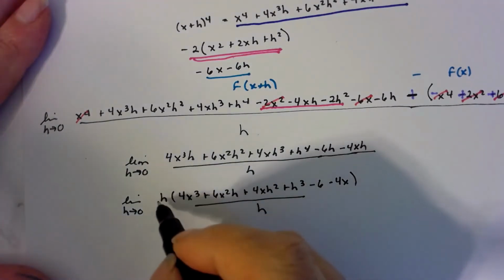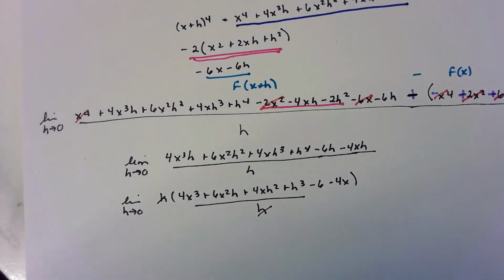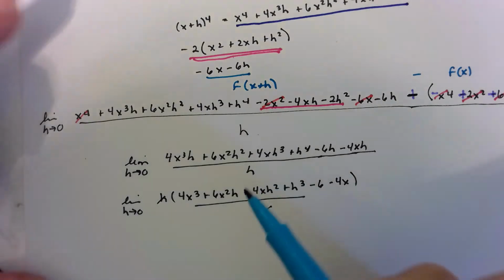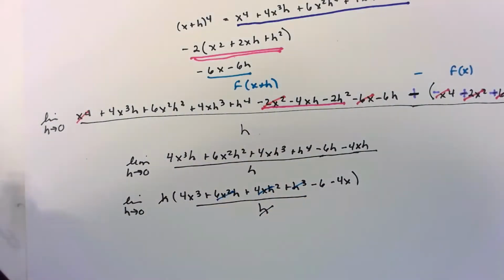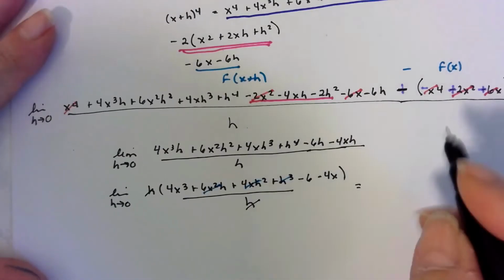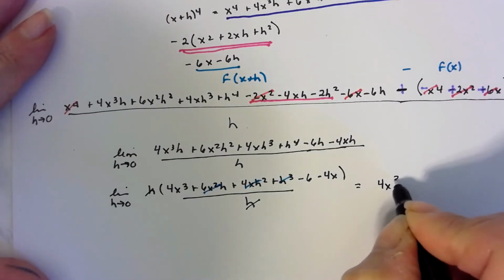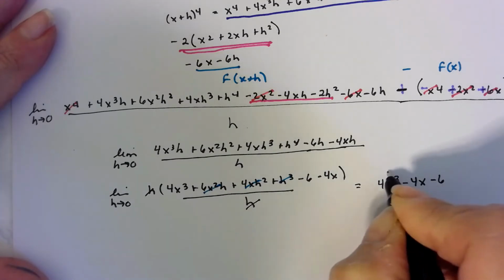And the h's cancel. At this point, I'm going to plug my 0 in and take my limit. When I plug the 0 in, anything that contains an h is going to disappear. So what I'm left with is 4x cubed minus 4x minus 6.